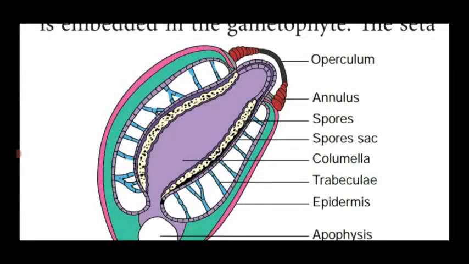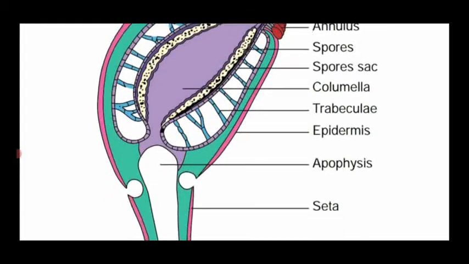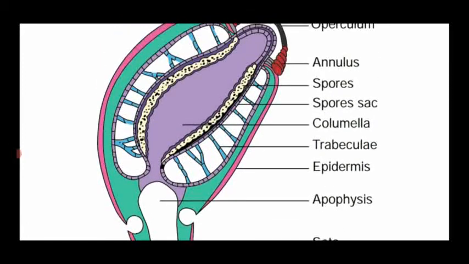Then this capsule is surrounded by an outermost layer known as the epidermis. Inner to the epidermis, there are different regions: the sporangial wall and the spore sac, and inside the spore sac are the spores.